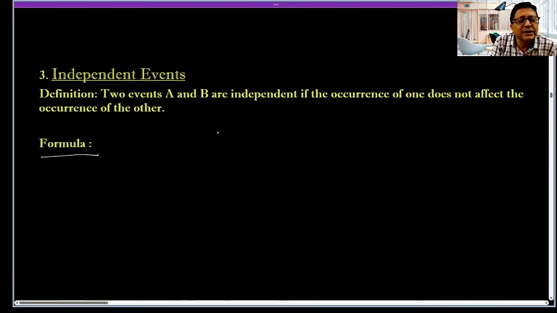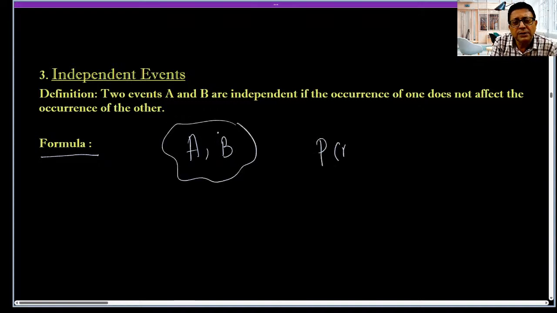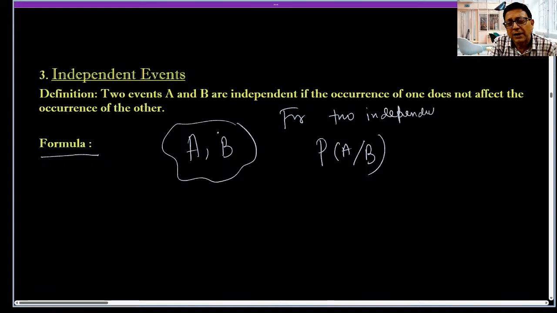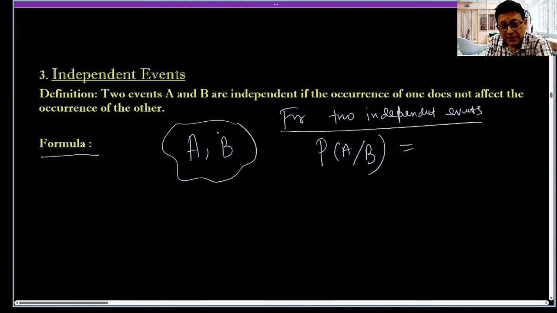So can't I say that if A and B are two events involved, for two independent events P(A|B) is equal to P(A).